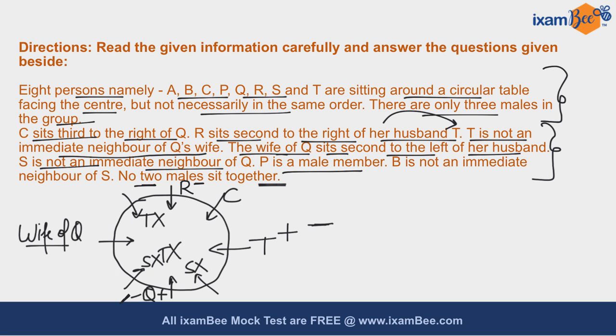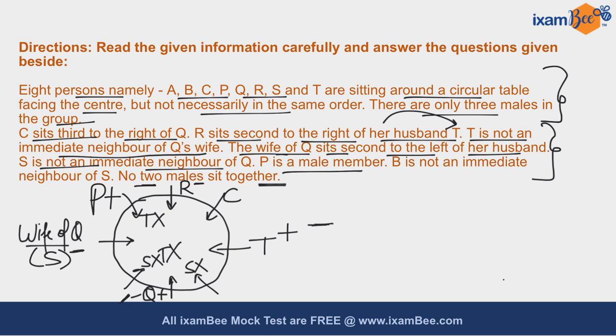So the only possibility for P is this one. So I can place my P over here and I know that P is a male member. Also, the only position left for S is this one, which means S is the wife of Q.